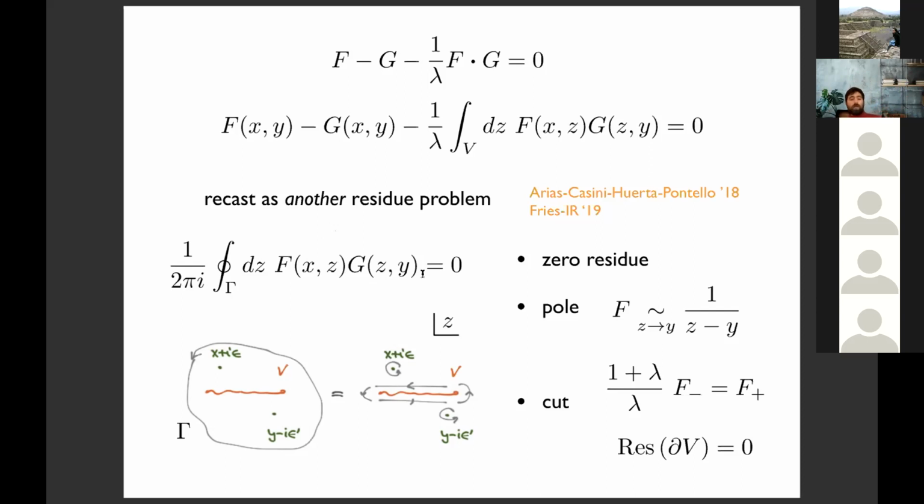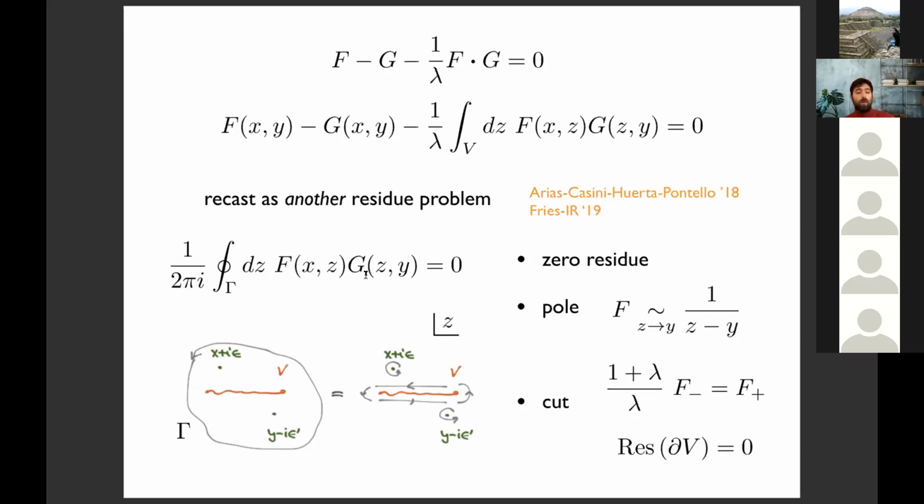So there's a recipe to do that. You're now in the complex plane, you have your entangling region here in orange, and you want this contour integral around this big contour to give you back this equation over here. So the answer is the following. We know that g, the correlator, has a simple pole for the fermion. That's what we said before.